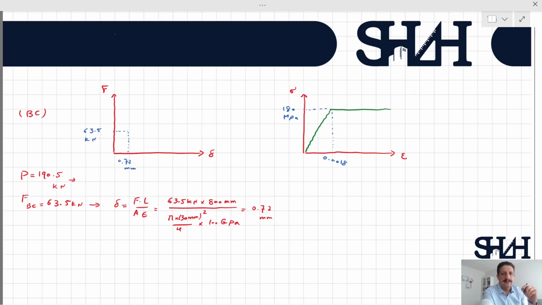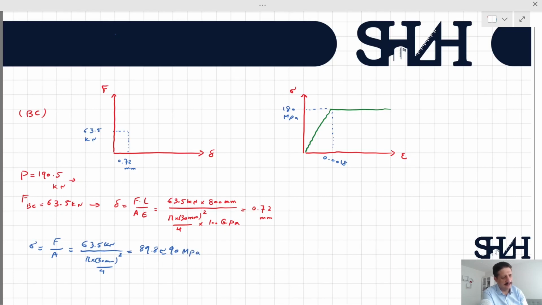But still, the element has the capacity to take more load because if we calculate the stress, it's force divided by area. So 63.5 kilonewton divided by area will be 89.8, almost half. 89.8 or let's say 90 megapascal.